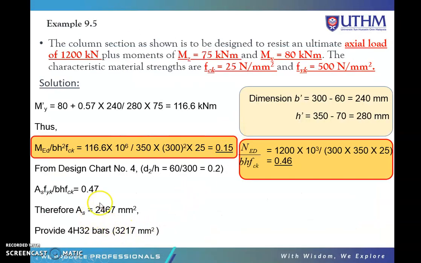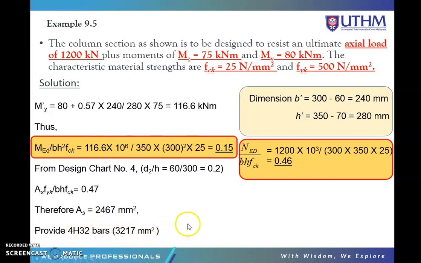Okay, so by using this value, so we just substitute all this value here and we got this value. After we substitute B, H, FCK, FYK, then AS is equal to 2467 mm. So kita samalah by using this one, we refer the table that we already used. So we can provide the 4H32 bars.